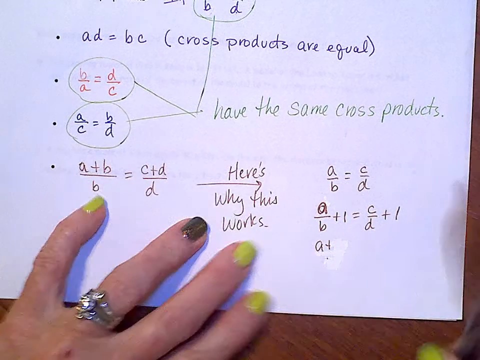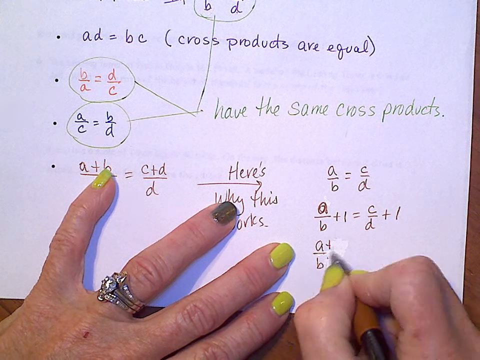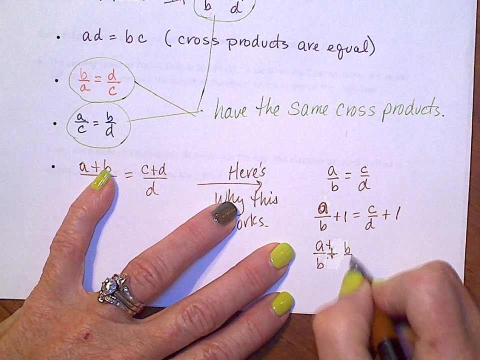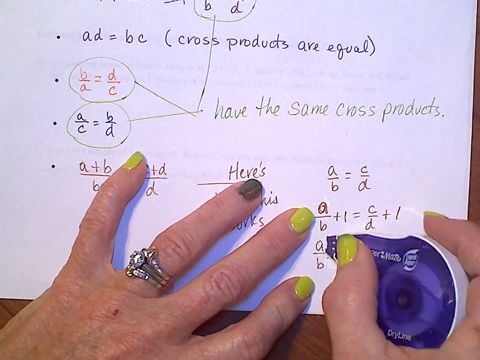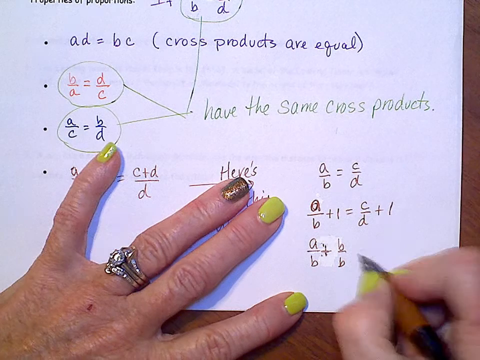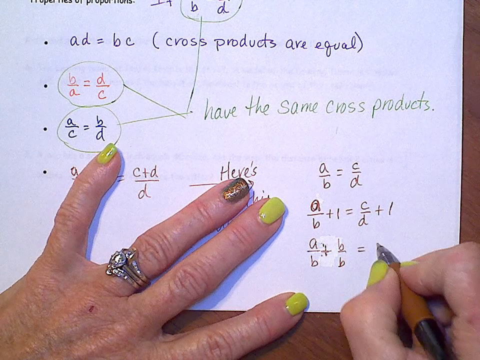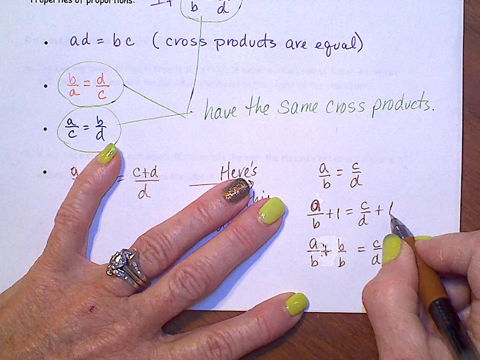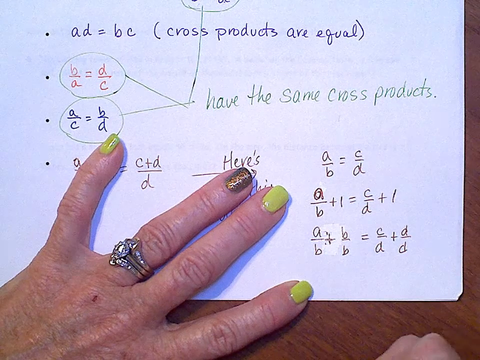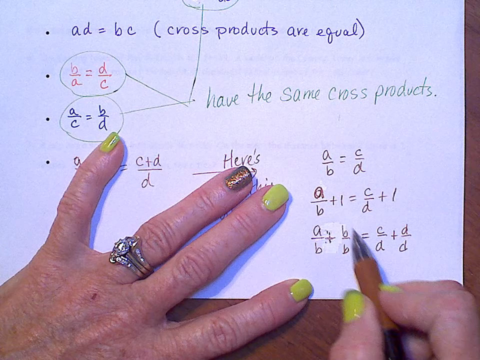Let's write this as A over B plus B over B. And on the right side, C over D plus 1, let's write that as D over D. Now we have a common denominator on the left side.